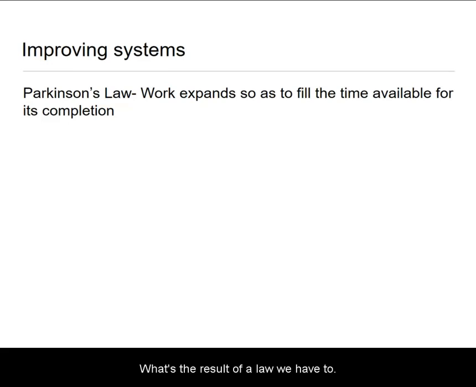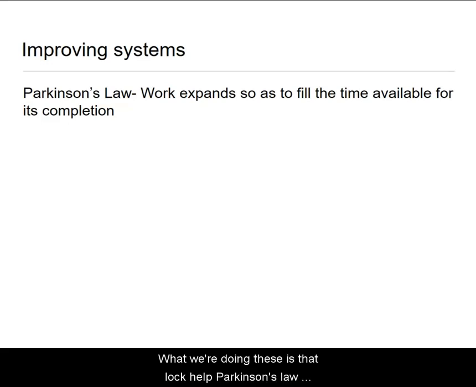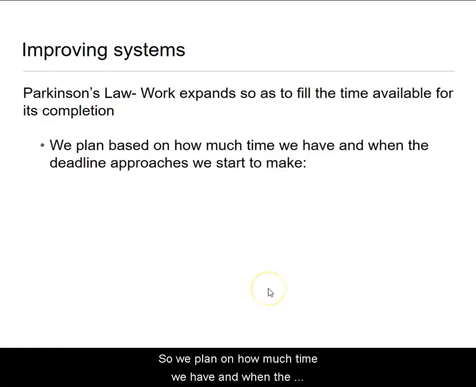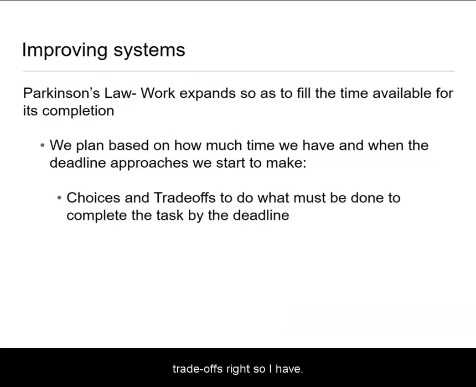One thing we have to consider when we're doing these is a law called Parkinson's Law, which says work expands so as to fill the time available for its completion. So we plan how much time we have, and when the deadline approaches, we start to make these choices and trade-offs. So I have 4 hours to study for the 320 quiz, so I know that I won't be able to study for the 331 or the 211 quiz or whatever.